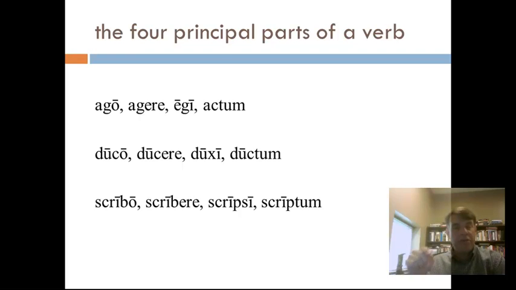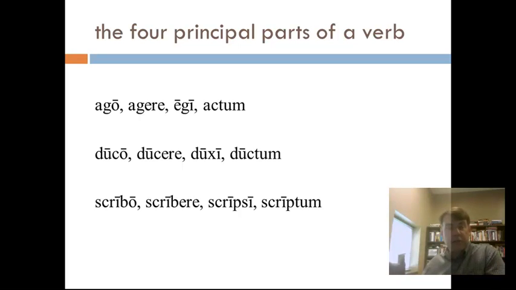I called the third declension the jack-in-the-box declension because new letters pop up. So it has become more important to pay attention to not just the nominative form of the word, but the genitive form in third declension nouns, because that genitive form is going to tell you the chassis of the car on which all the different versions of the car are built. The form of the noun on which all the other cases and numbers are built. So it's actually the nominative singular in the third declension that's odd.